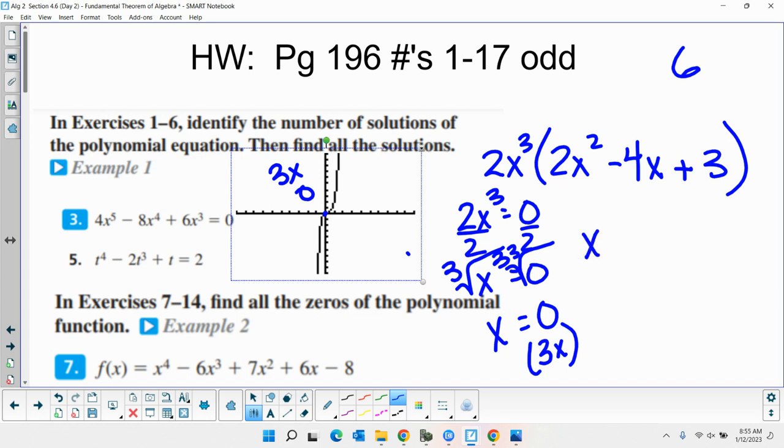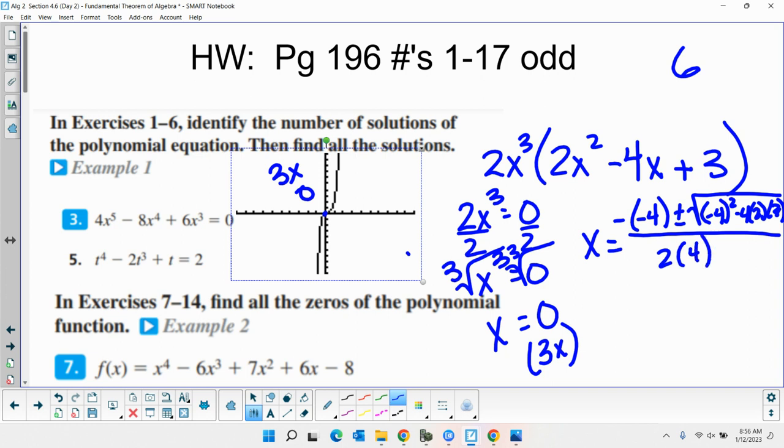So x equals -b plus or minus the square root of b squared minus 4ac. See, I'm getting sloppy because I didn't leave myself much room. All right? So I get 4, plus or minus -4 squared is 16. -4 times 2 is -8 times 3 is -24.